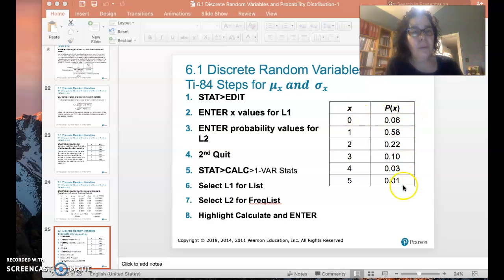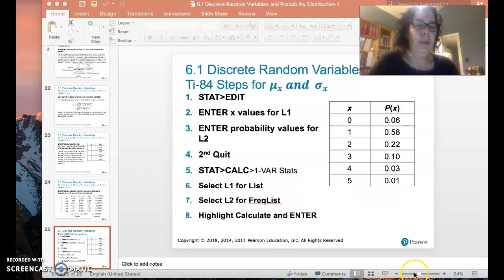If you know the probabilities, which we can find from the frequencies, then we can enter the x values as an L1 column and P of x, the probability of that x happening, as an L2 column, and then we can find the standard deviation and the mean or expected value of the probability distribution.